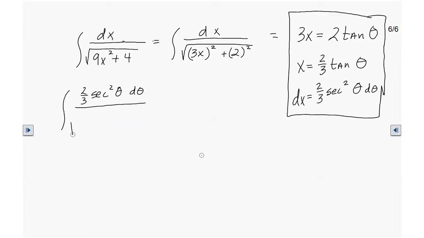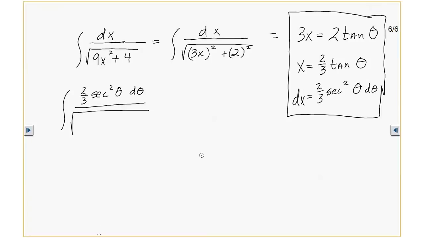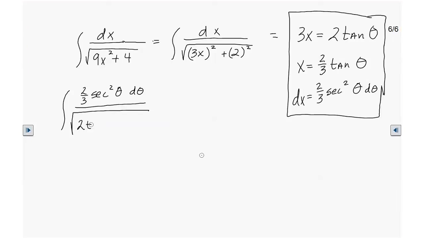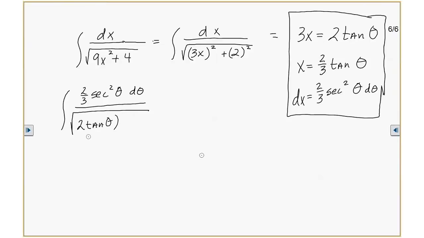It is the square root of 2 tan theta squared plus 4. All right, start working it, start manipulating it, start churning it. I'll give you a hint. Pull the 2/3 out. If you still can't do it, then you're a failure.